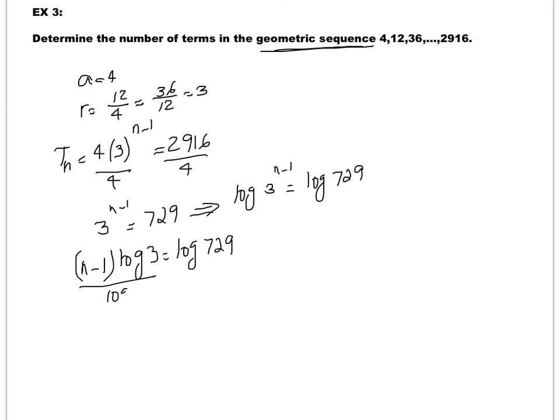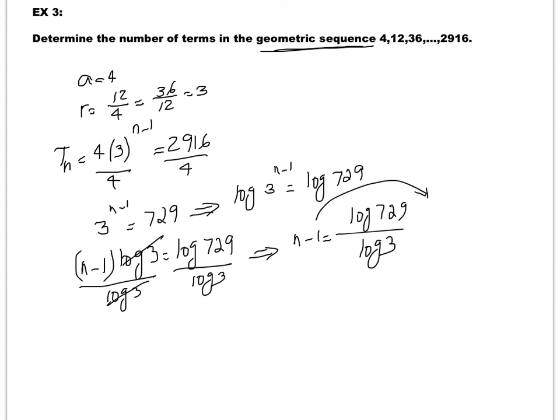Divide both sides by log 3. I get n minus 1 is log 729 over log 3. I move negative 1 to the right, I get n is log 729 over log 3 plus 1, which when you simplify, n becomes 7.